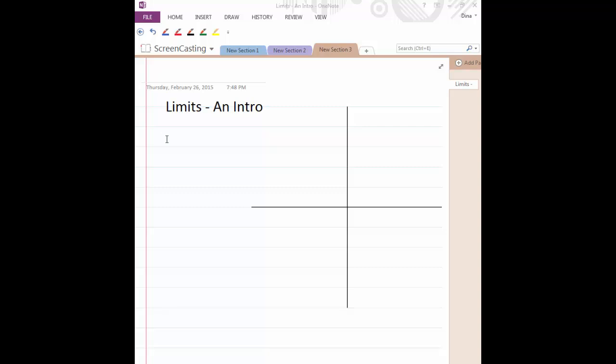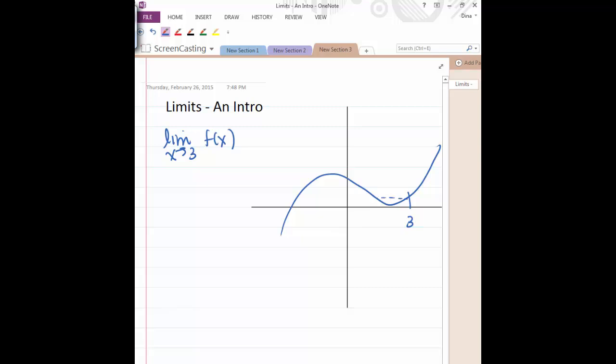When I write something like this, the limit as x approaches 3 of f of x, what do I really mean? Well, let me draw a function for you here. Here I am at 3, and that y value, we'll say that's 1.